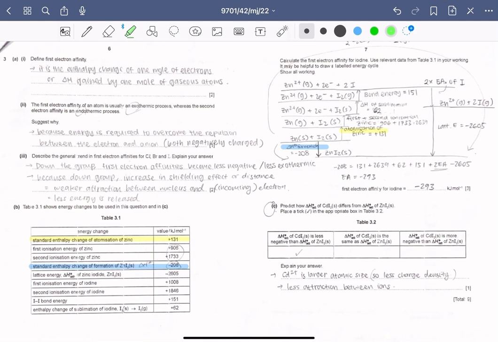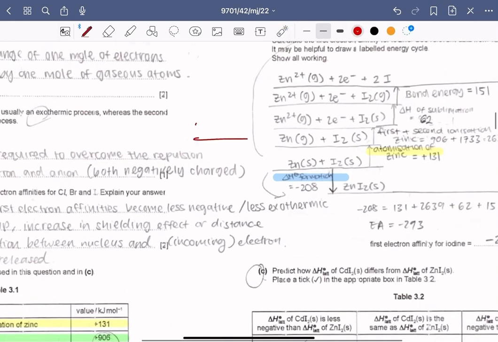So the first ionization energy of zinc is 906. Second ionization energy of zinc is 1733. You can draw two times. So zinc gas plus blah blah blah is going to form Zn+ gas plus e- plus blah blah blah, and then Zn2+ gas plus 2e-.